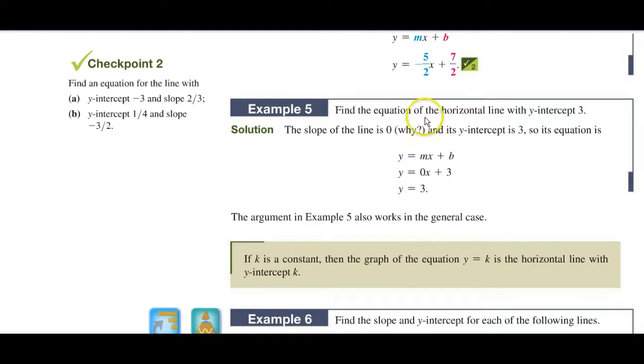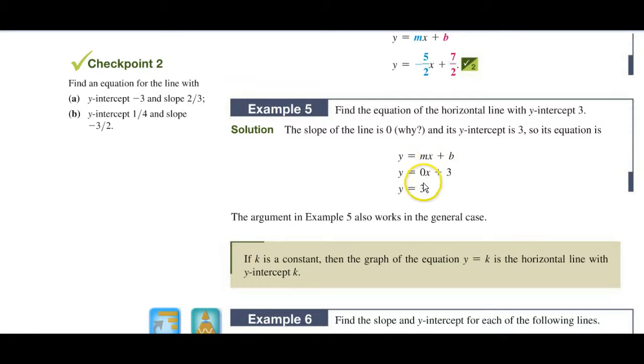Now, find an equation of a horizontal line with a y-intercept of 3. Well, remember, your slope of a horizontal line is 0. So basically, it's y = b, which is your y-intercept.